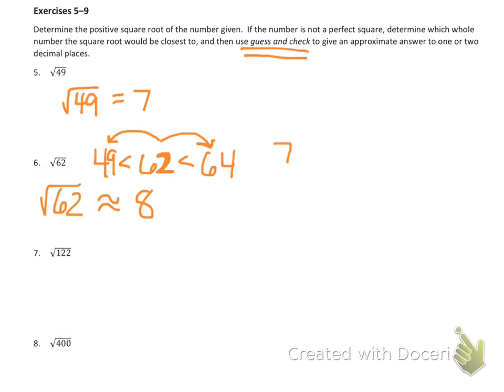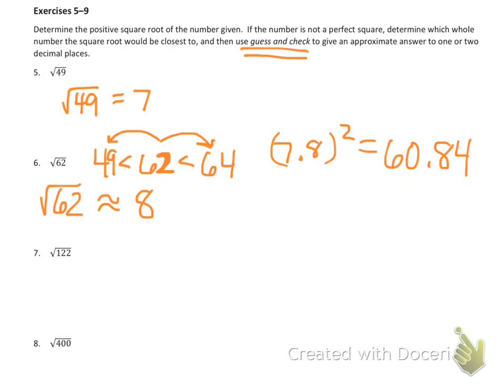So 7.8 squared is equal to 60 and 84 hundredths. I'm going to use my calculator for that. I'm not going to take the time to do that multiplication by hand. But so 7.8, I can see, is still too small because this 60.84 is less than 62.